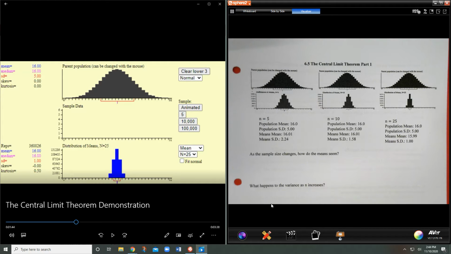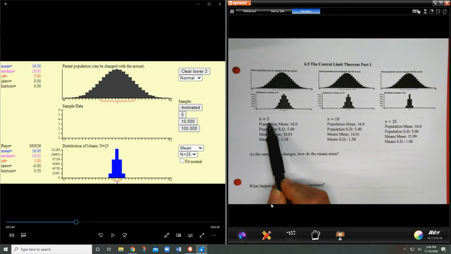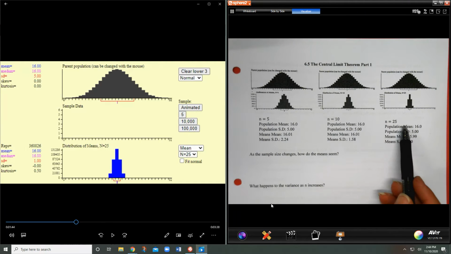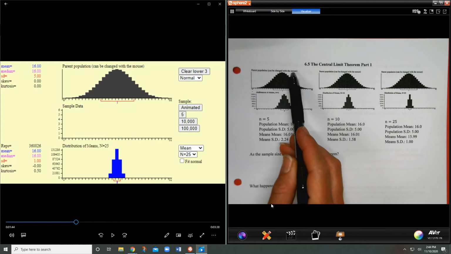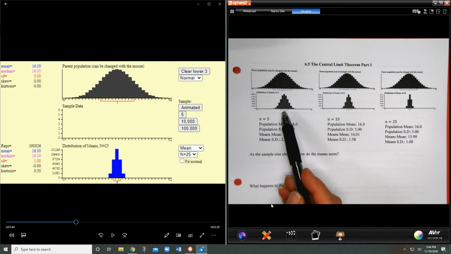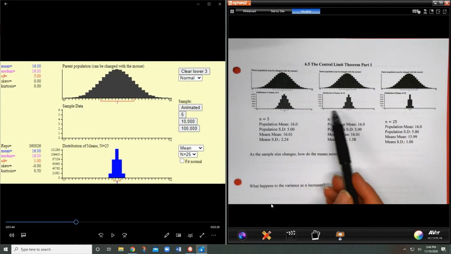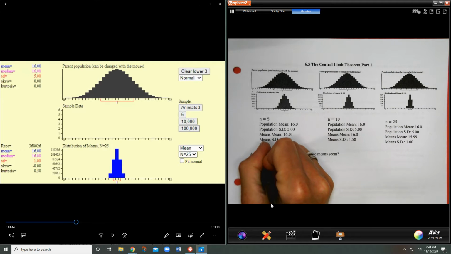This is in your notes on the very first part, those 3 situations: n is equal to 5, n is equal to 10, and n is equal to 25. You have your population at the top, and then this is the distribution of the means down on the bottom. As the sample size changes, how do the means seem? Well, the means seem approximately normal.